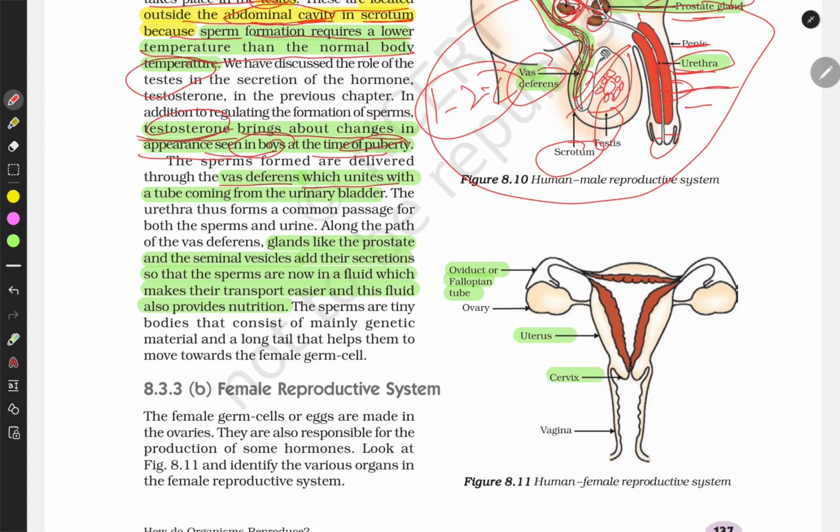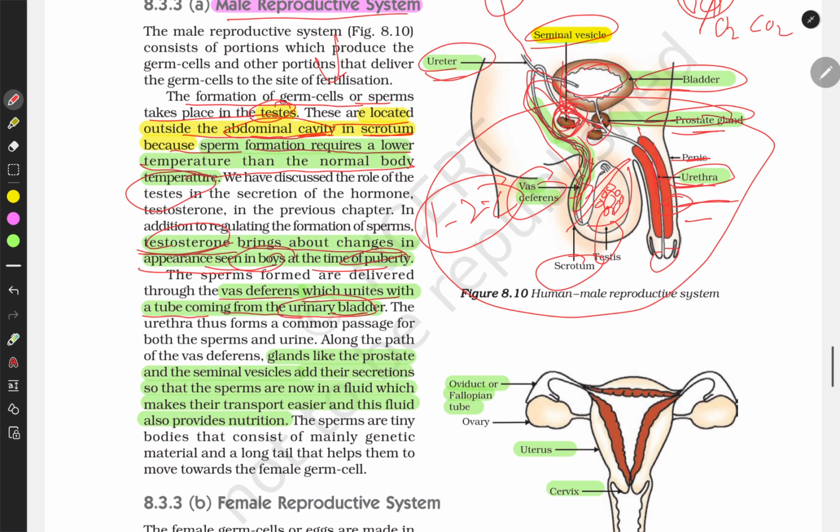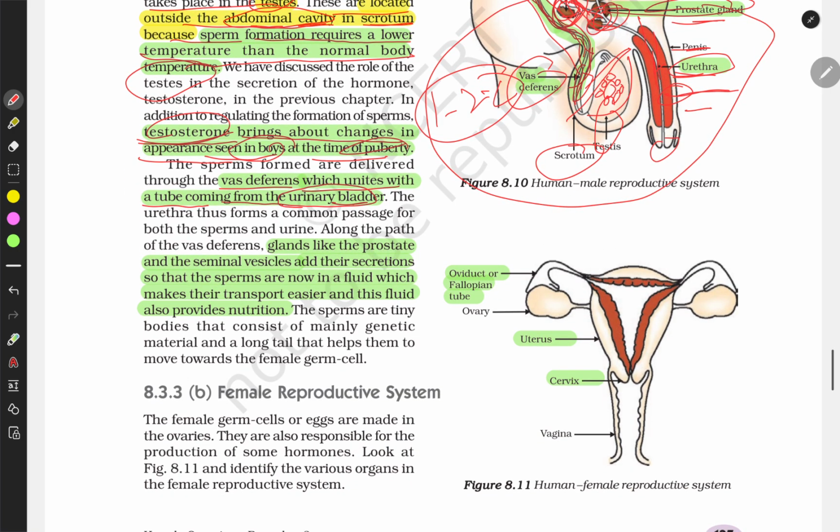The vas deferens is united with the tube coming from the urinary bladder. So when both tubes join, the urethra unites here. The urethra thus forms a common passage for both sperms and urine.